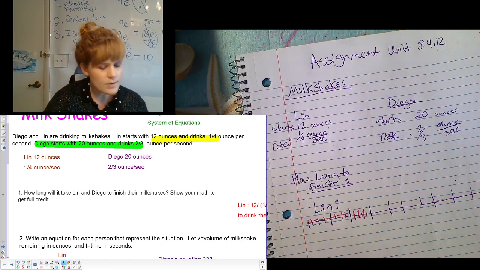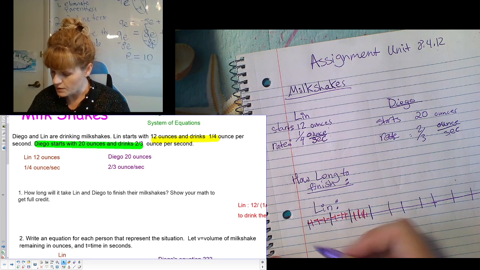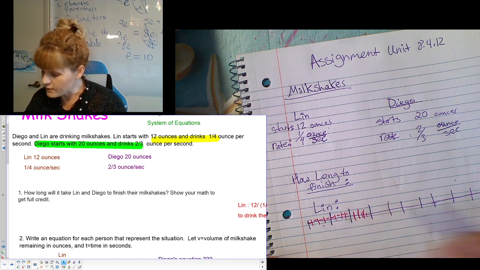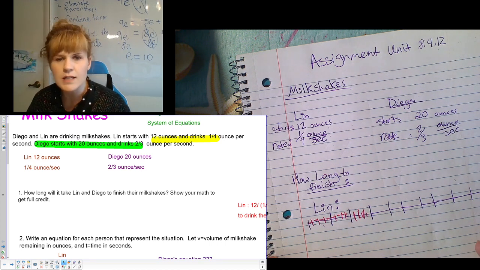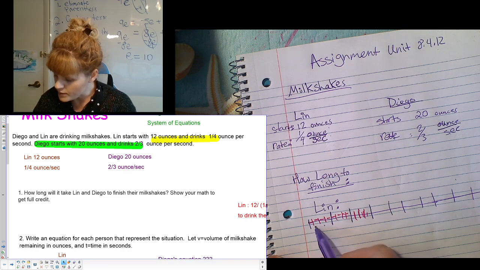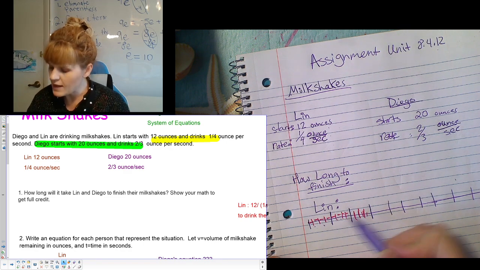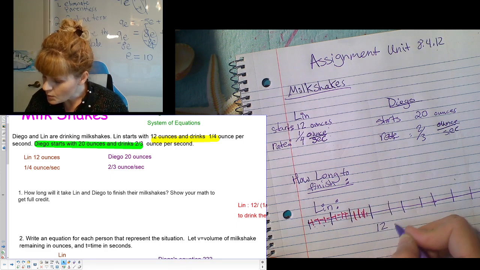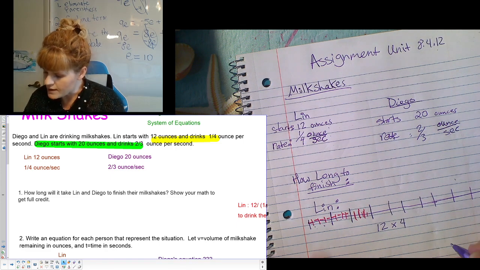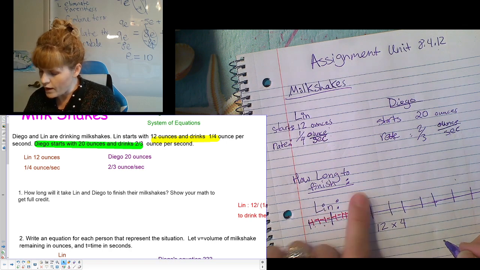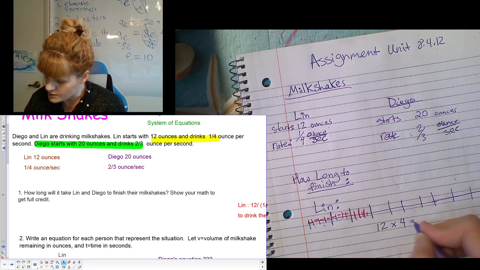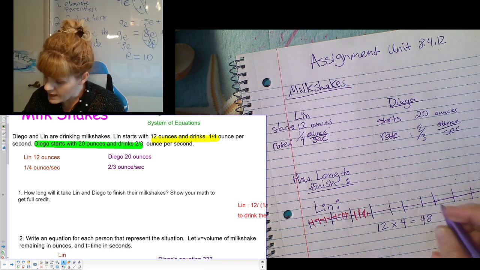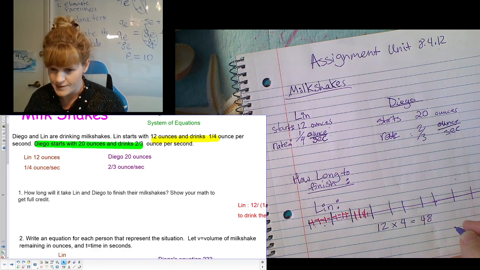Anyway, all I want to do is make a visual. How many 1/4 are there in 12 ounces? I keep going. 12 times 4 is how many 1/4 there are. So that is 48 1/4.